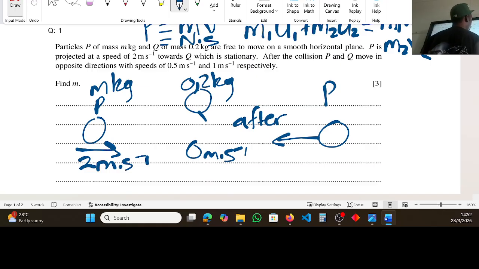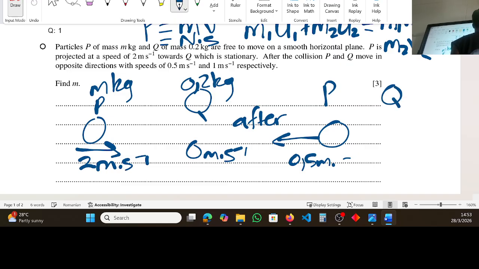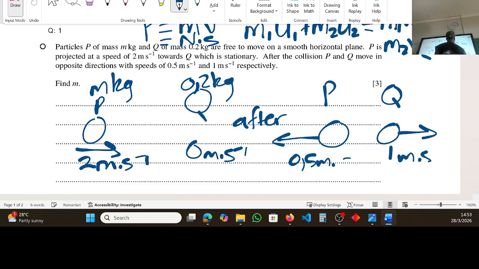After the collision, P and Q move in opposite directions with speeds of 0.5 and so on. So here we have got 0.5 meters per second, and Q will be going in this direction with a speed of 1 meter per second. So we're interested in finding the value of m, and this is what we'll do.